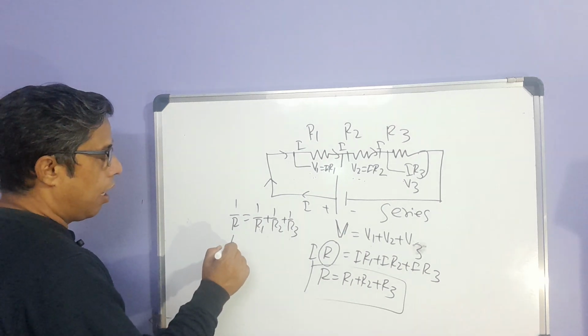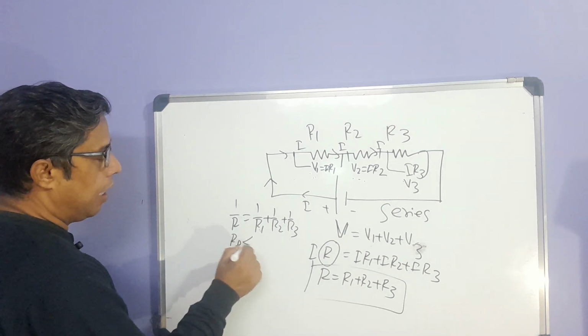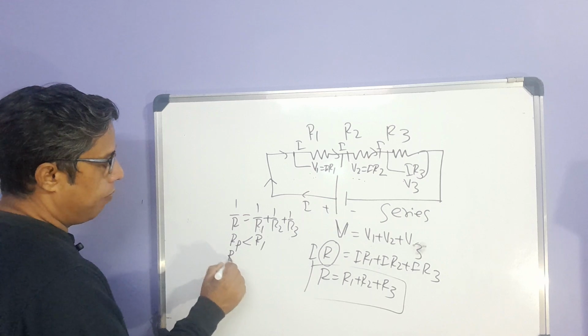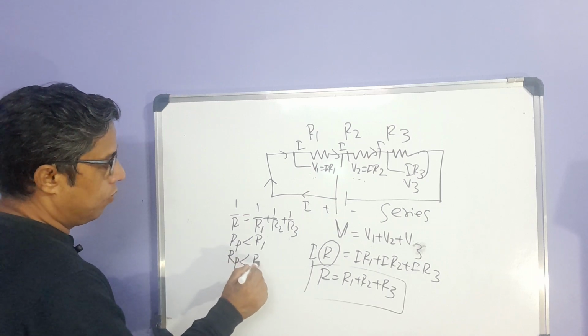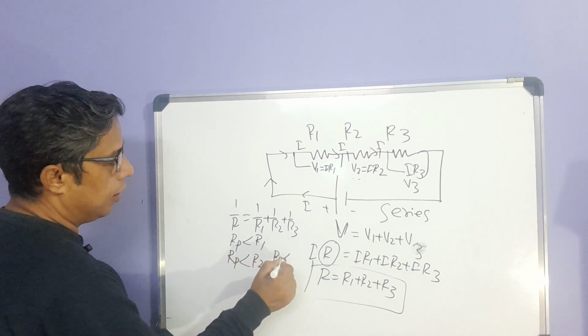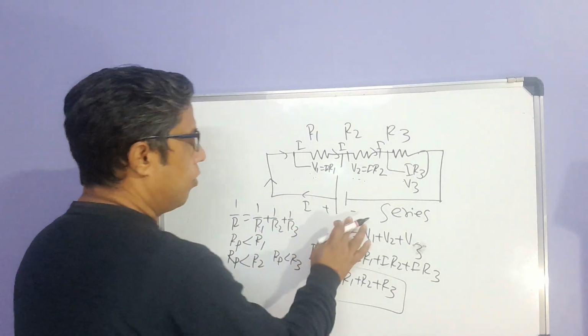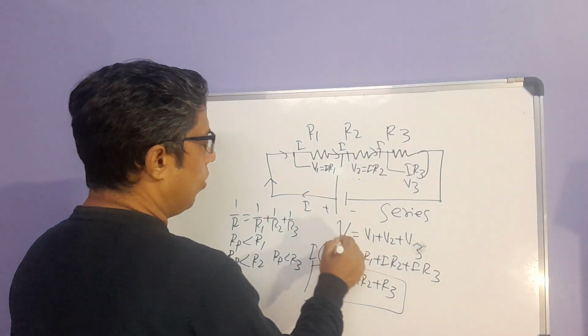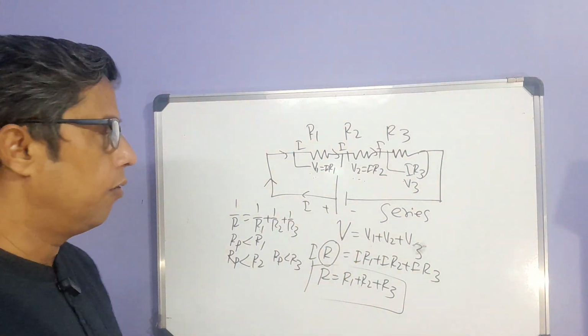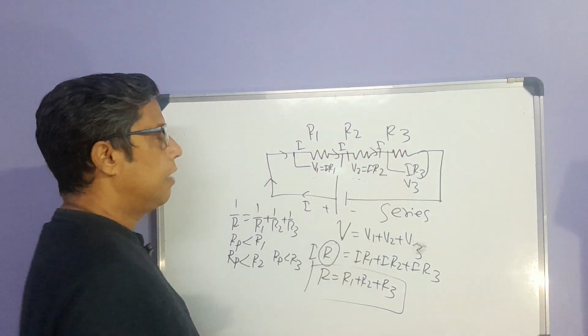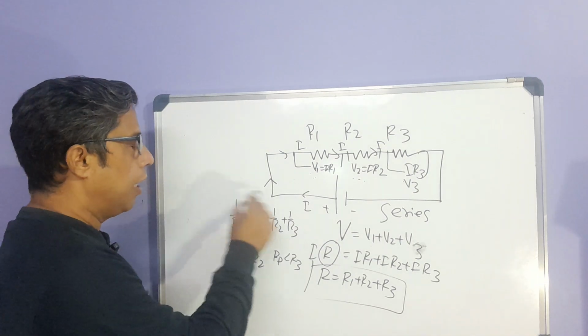That means R parallel, the equivalent, is lesser than R1, lesser than R2, and lesser than R3. This way you can backtrack your solutions to check whether you are correct or not. In series, it will be addition. In parallel, it will be like this.